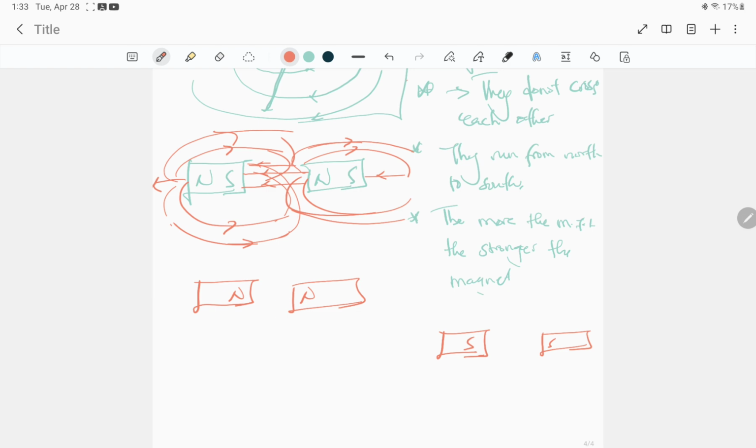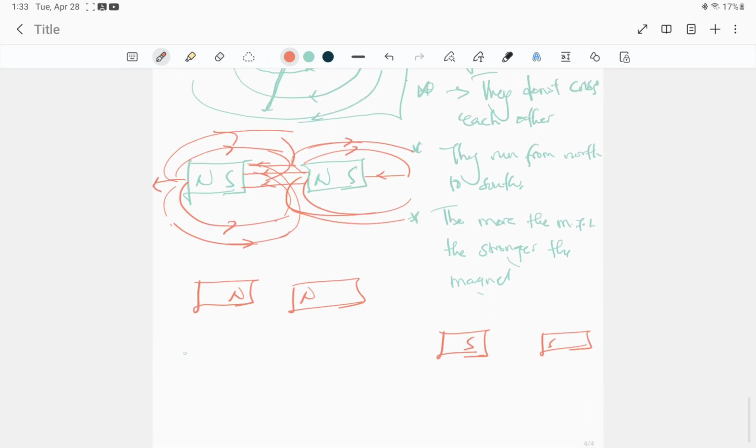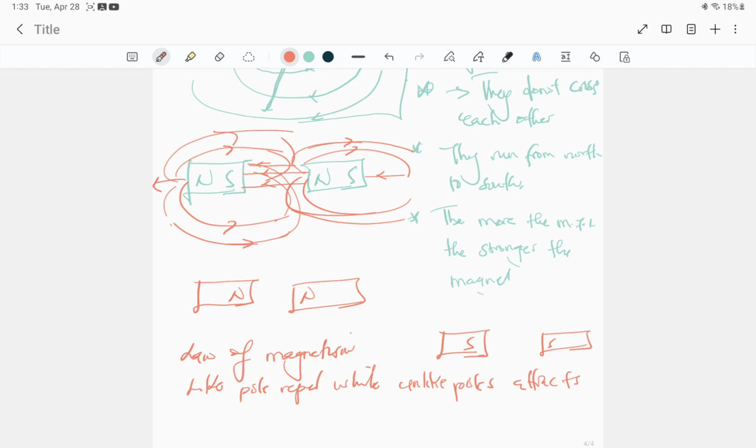Since north and north are like poles, according to the law of magnetism, which states that like poles repel while unlike poles attract, what will happen here is that these will be moving like that. Also, these will be moving like that.